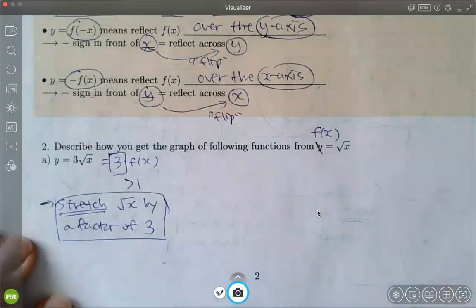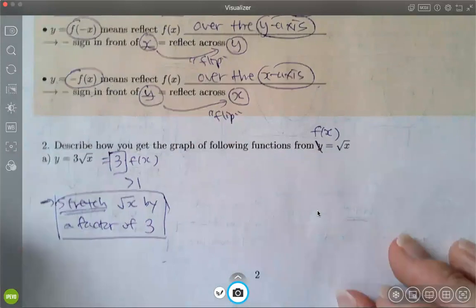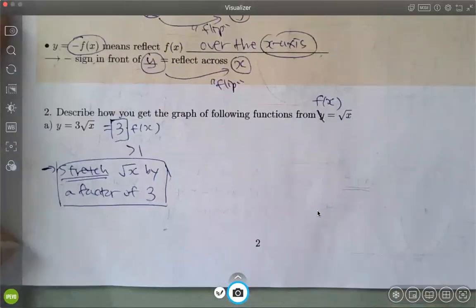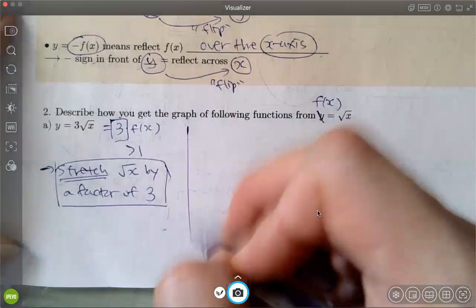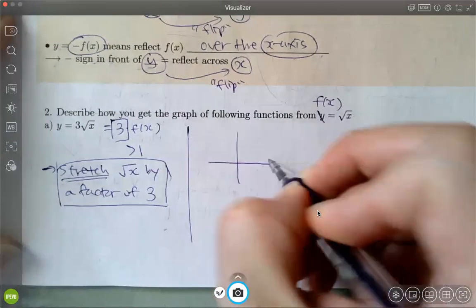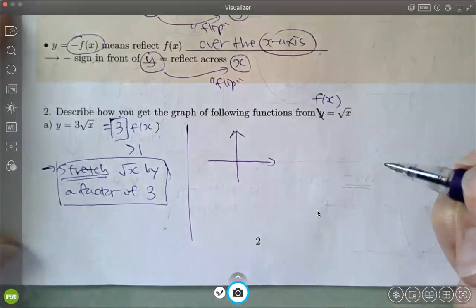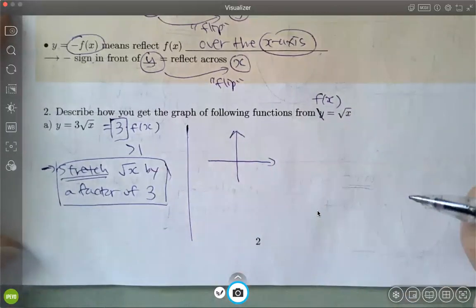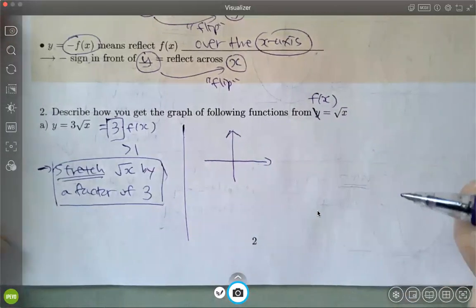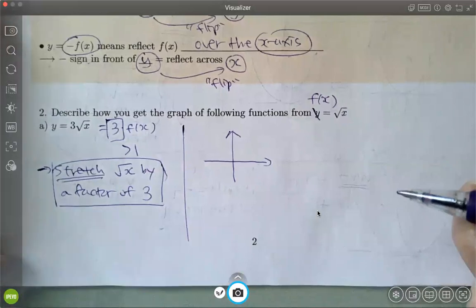Okay, so now, how does the graph look? Do you still remember the graph of square root? Yeah? No?